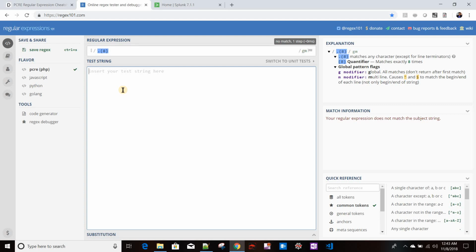That means my string length has to be 8. So if I give this one, it is no match, jk. Now it is matching because this is an 8 length word. This is how you can check the total word length as well, whether a particular length is there or not.